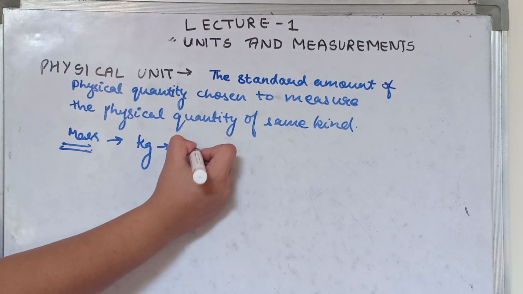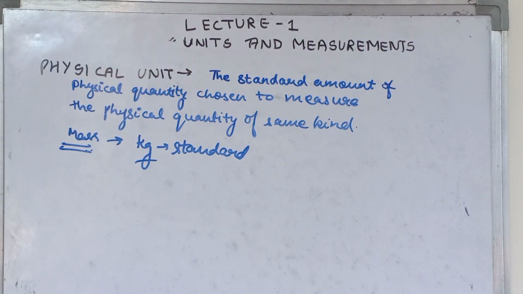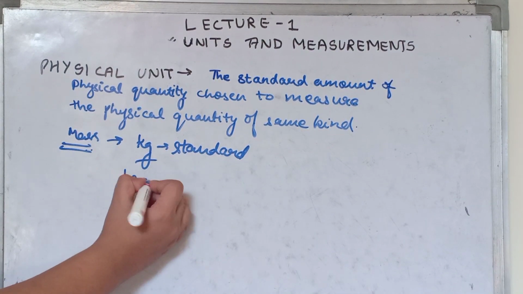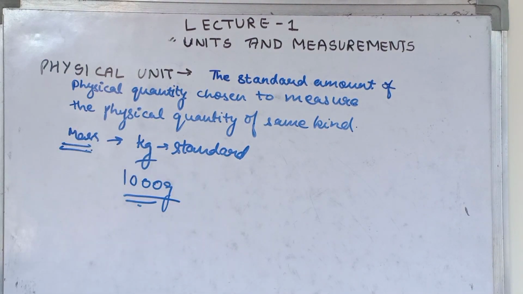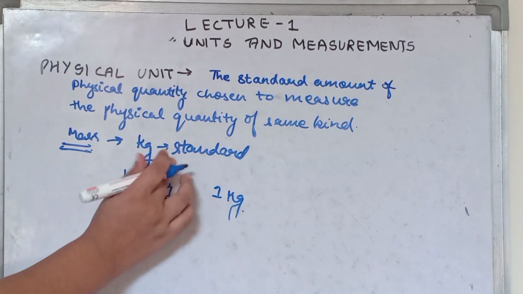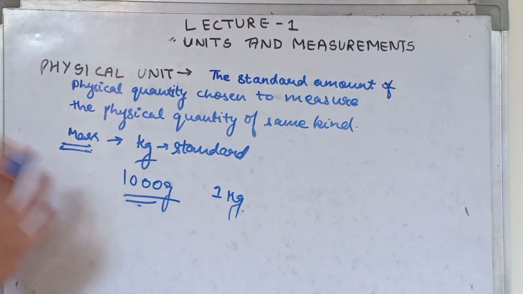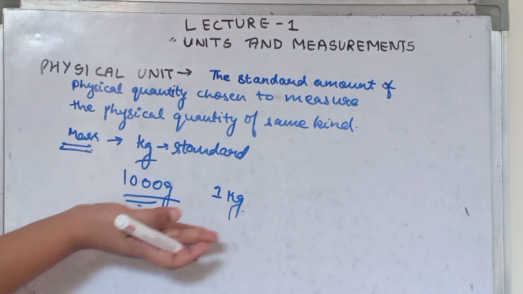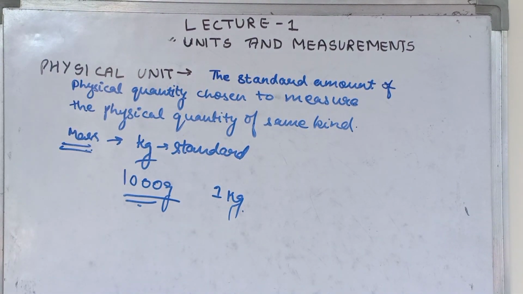We have chosen kg as the standard unit. Fine. So if anything has the mass 1000 gram, we can measure with reference to this. Like 1000 gram means 1 kg. So this is the standard or referral to which we can measure any physical quantity. By making reference to this, we can measure any physical quantity in terms of this standard unit.